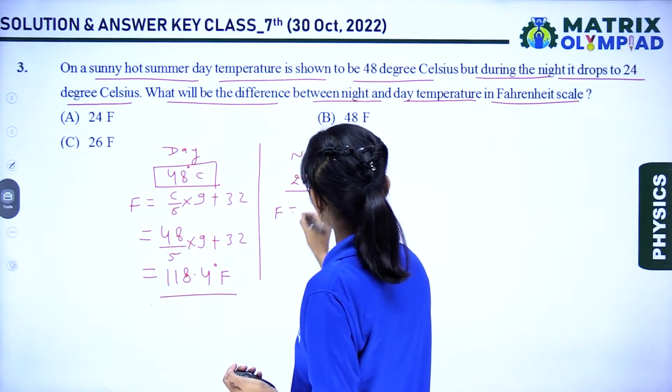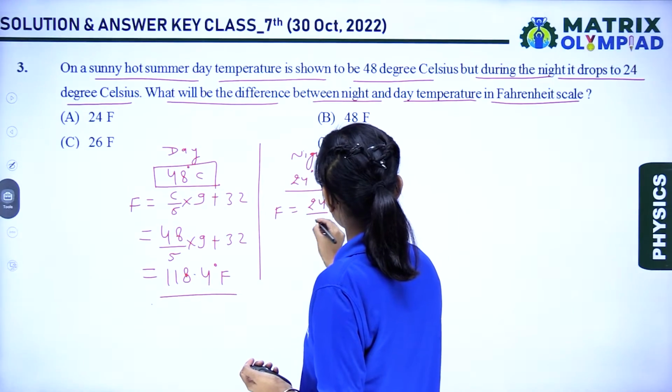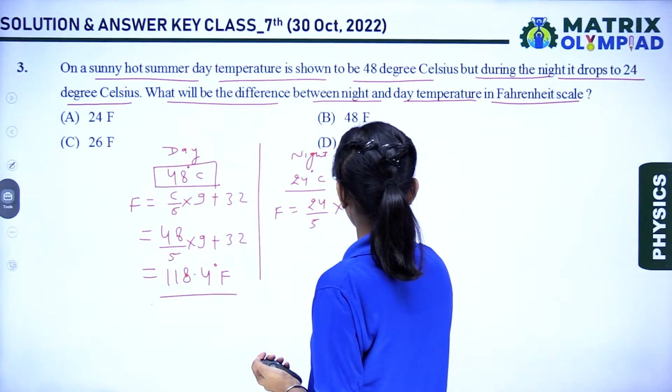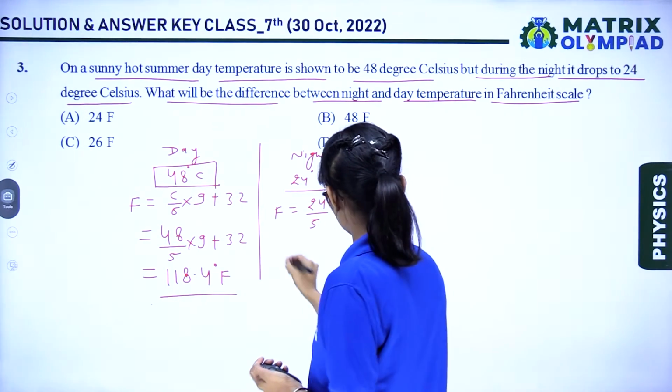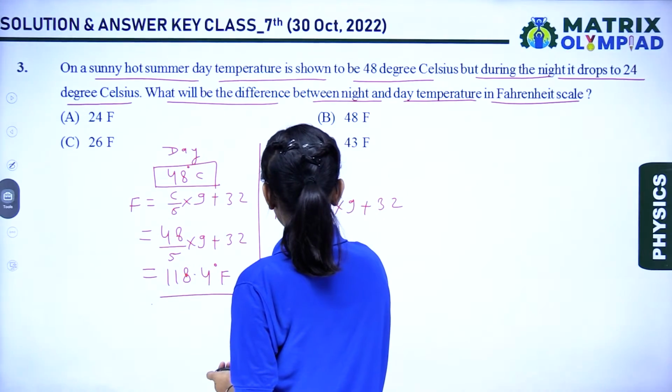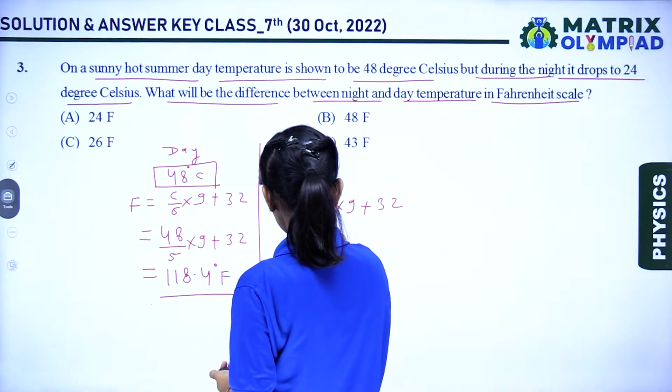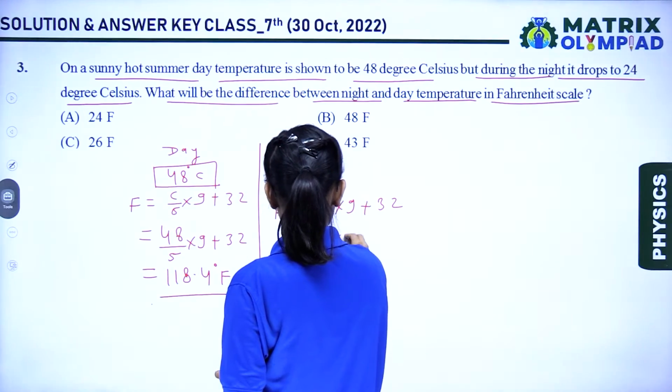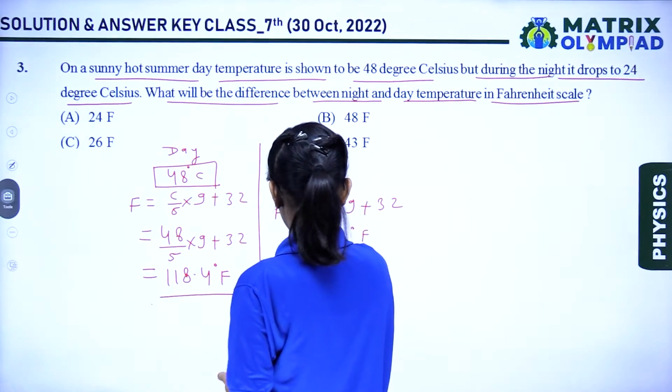Same procedure. F is equal to 24 upon 5 into 9 plus 32. Now calculate all these values, then we get 75.2 degrees Fahrenheit.